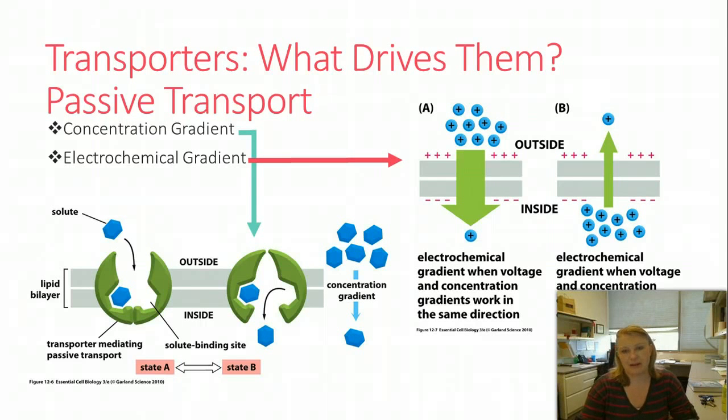If the electrochemical gradient is the opposite, then it still does work, but to a lesser extent. And so you can see how this charge will work. I know this electrochemical charge might be a little murky, but hopefully we'll clear that up here in just a second.